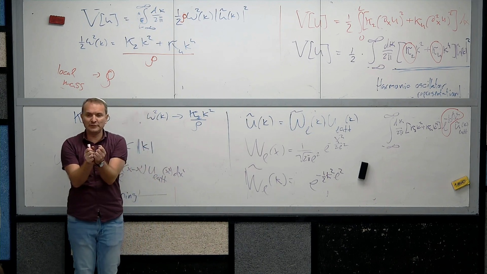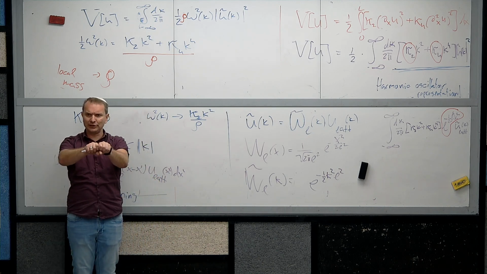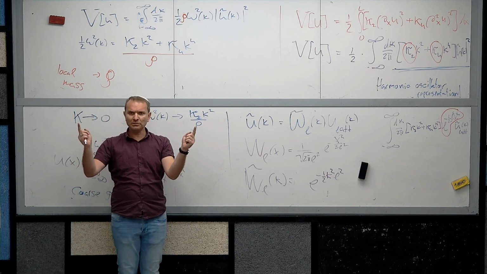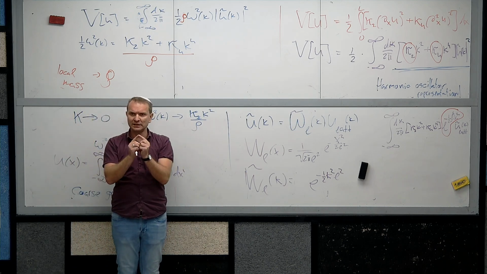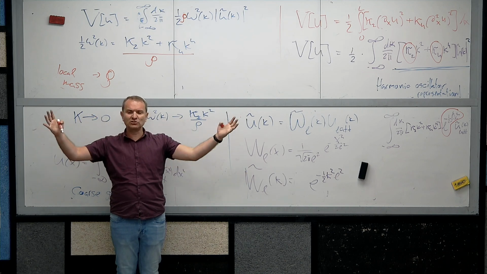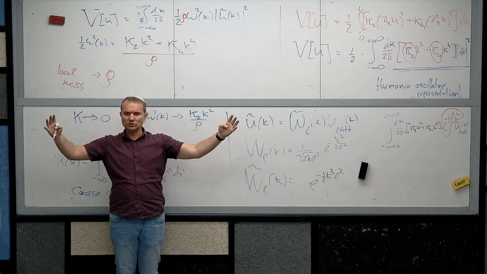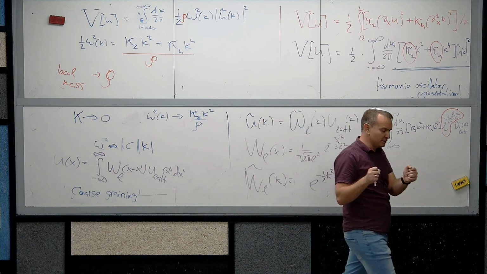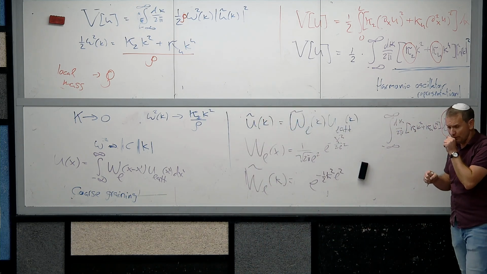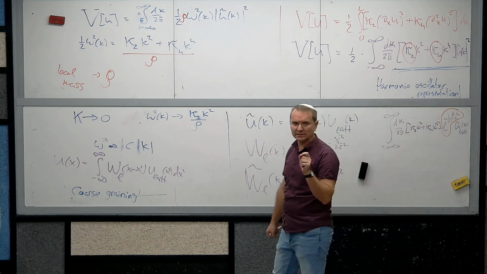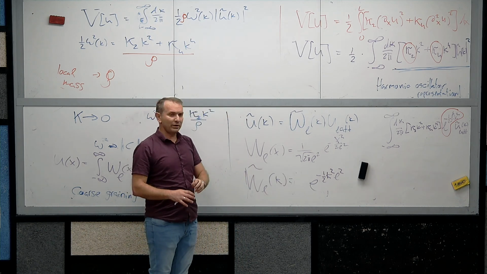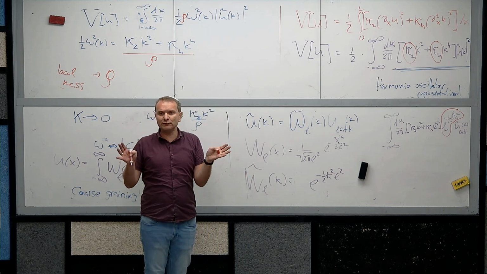Physically, what I've done is I averaged over everything. Large k's come from small x's. Small k's describe something that happens on large x's. When I averaged over all the different small values of x, all small distances, I lost this information.